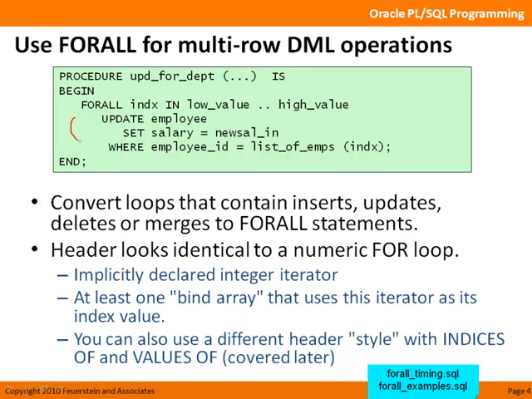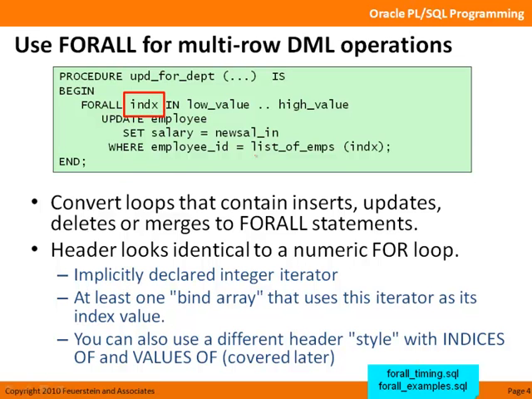The header looks identical, at least in the simplest case, to a numeric FOR loop. And then inside the FORALL statement, you have an implicitly declared DML operation. So underneath the FORALL header, we have a DML statement. And at least one place inside that DML statement, you need to have a bind array. So let's take a look.